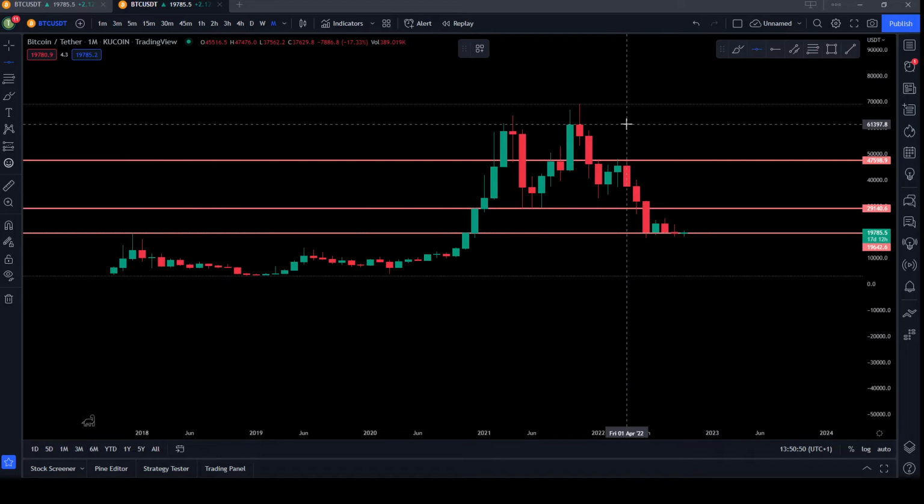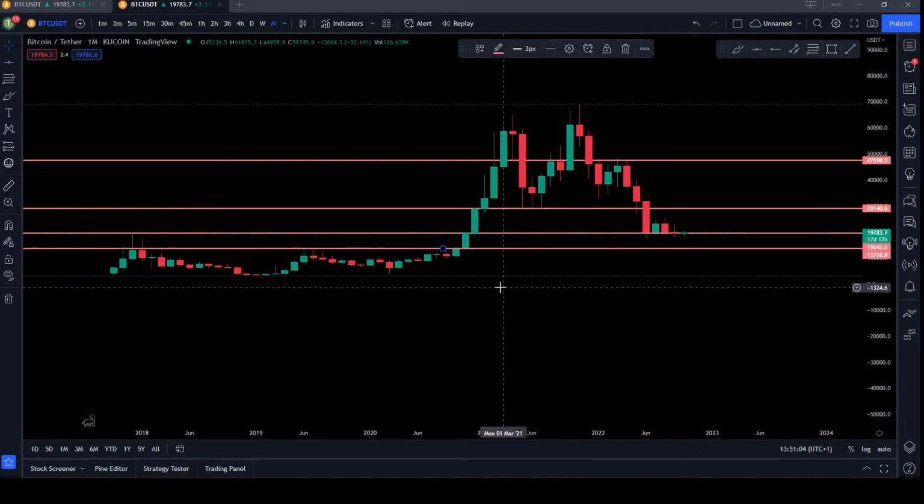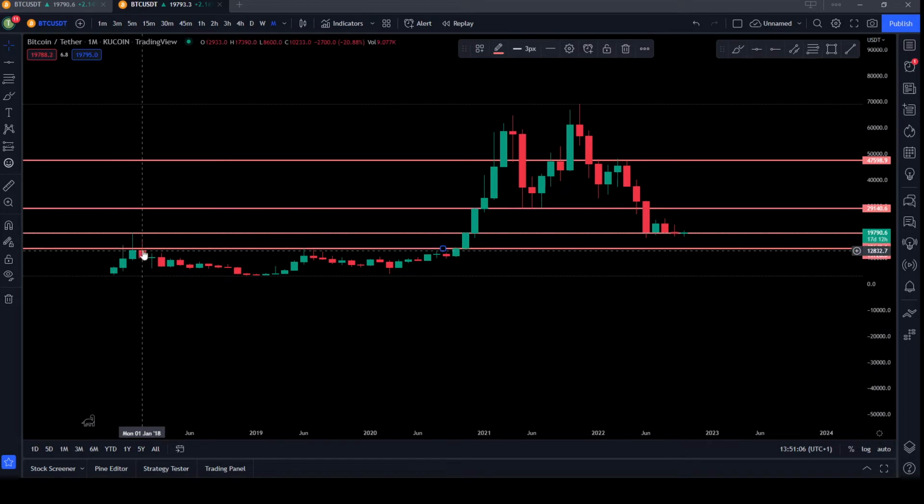Let's continue. We can see here's quite an interesting zone of support and resistance. So we have touches here, obviously body candles just below. We wick here, we wick here. Two body candles both below and above.